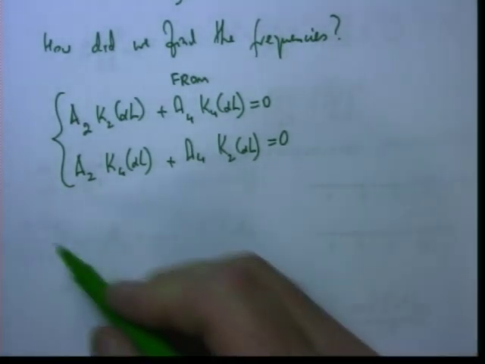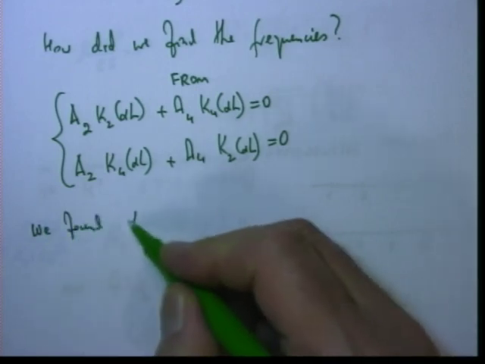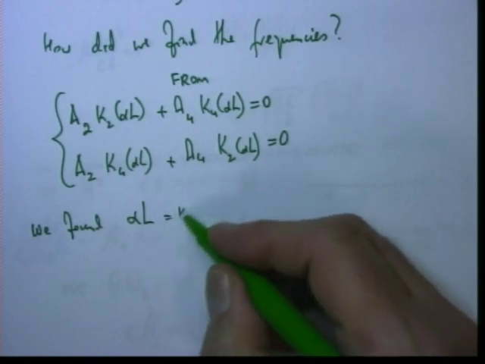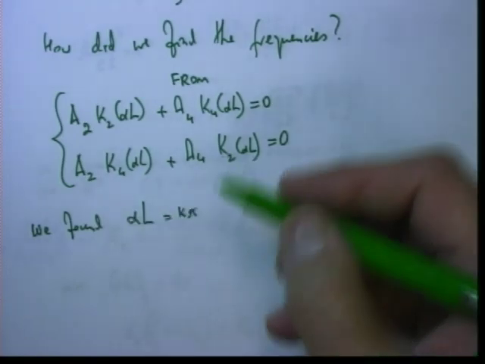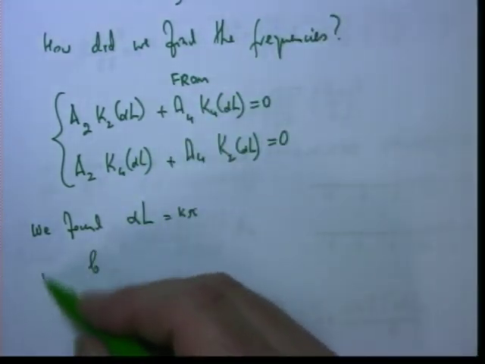Okay, now we found alpha L, okay? Alpha L equals K pi. Now, since we found it, let us put it back.